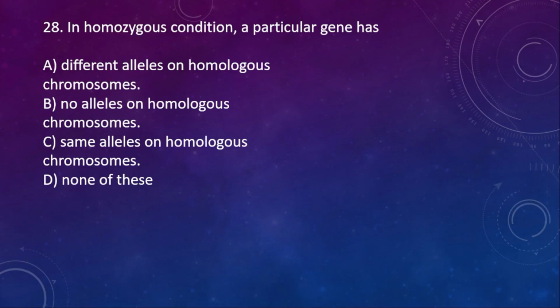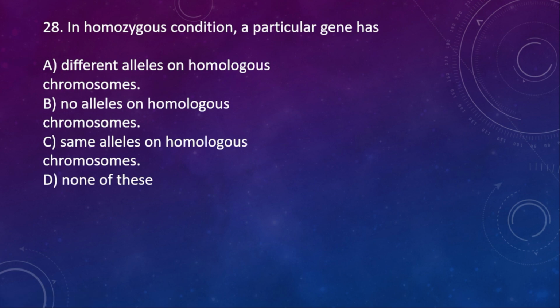28th one. In homozygous condition, a particular gene has: option A, a different allele on the homologous chromosome; B, no alleles on the homologous chromosome; C, same alleles on the homologous chromosome; D, none of these.